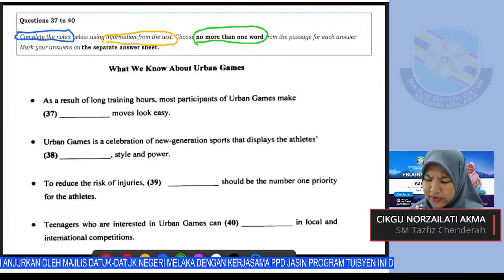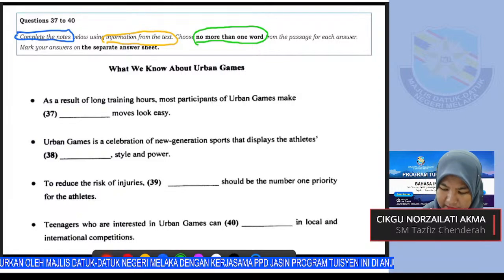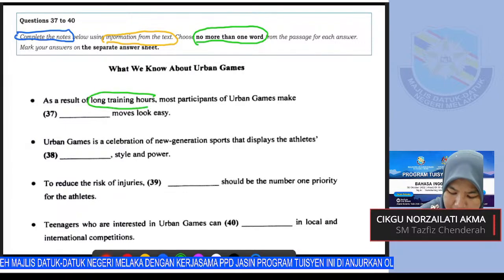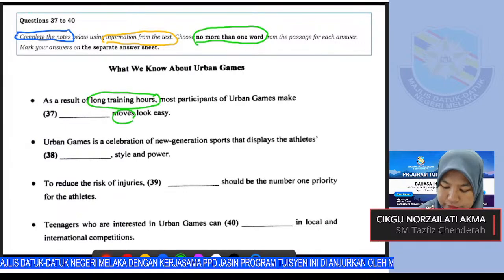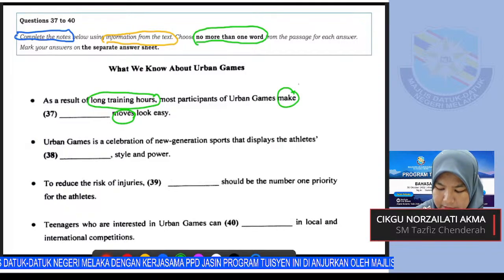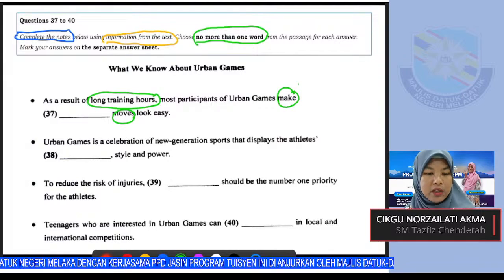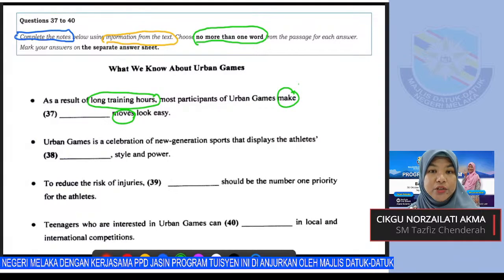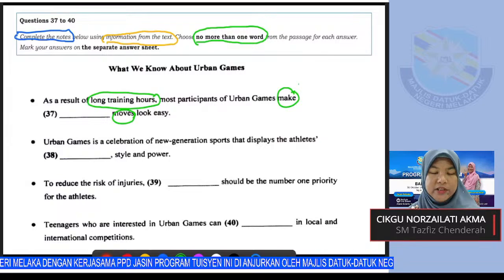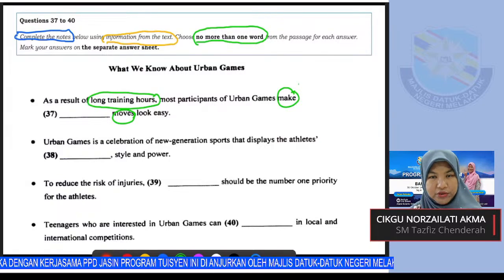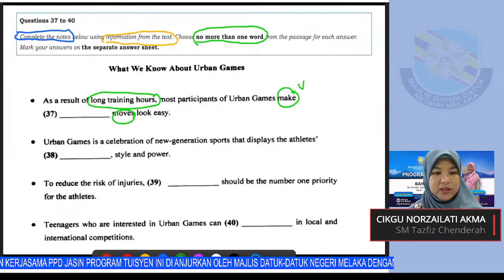Obviously long training, isn't it? Long training hours. It is referring to the moves. Make here is a verb. When you practice for long hours, let's say rollerblading at first can seem very difficult, but if you train for it, the difficult move can look easy.